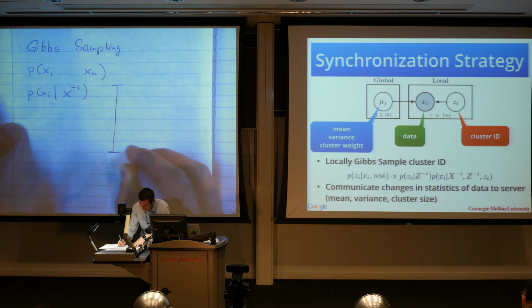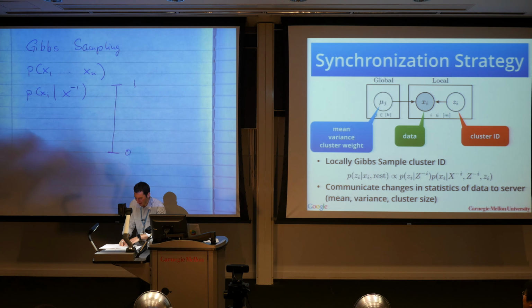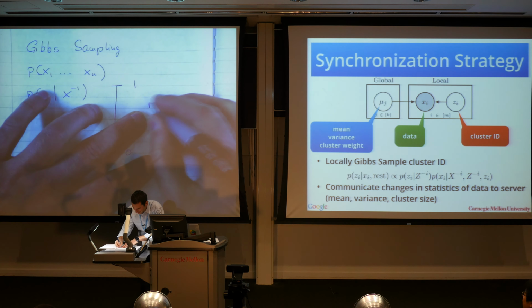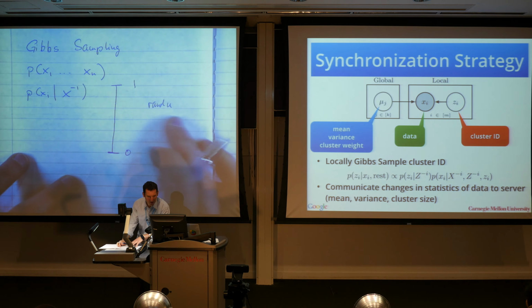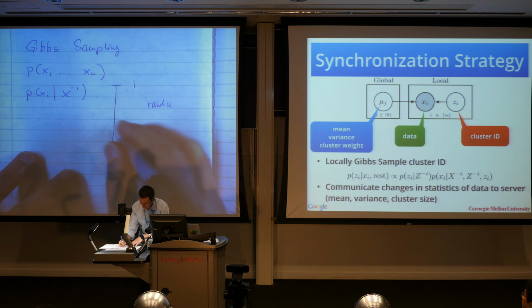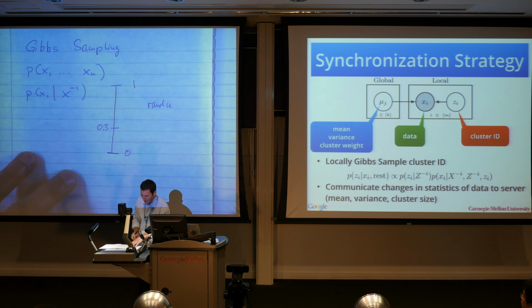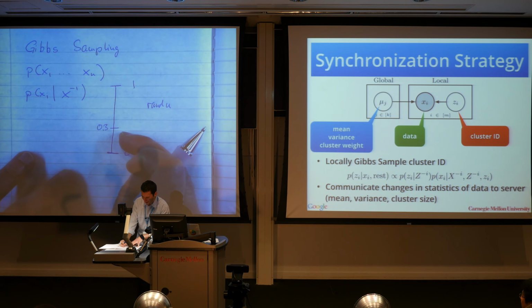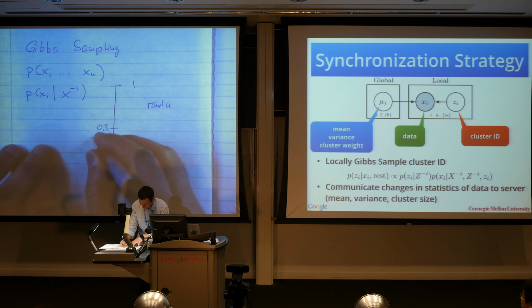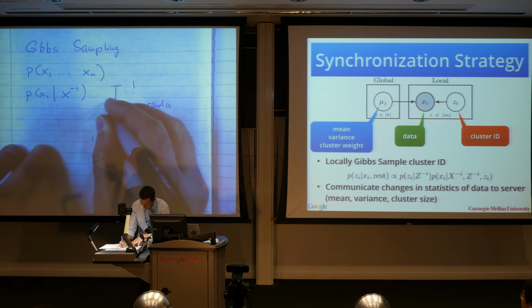So here's 0, here's 1. And I invoke randu, which basically gives me a uniform random number between 0 and 1. And if I want to make sure that this succeeds with maybe 0.3 probability, then all I do is say, well, hey, 1 happens in this case, and 0 happens in this case.